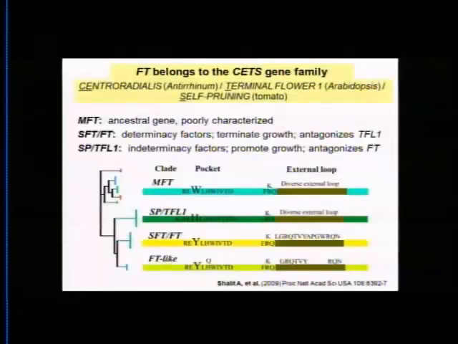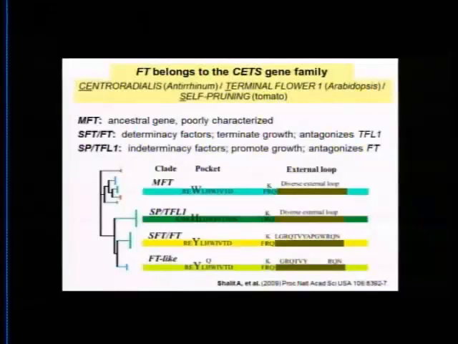Okay, this SETS refers to the genes in different plants that they were first characterized. Okay, so centroradialis in Antirrhinum, terminal flower in Arabidopsis, and self-pruning in tomato. These are all parts of the same gene family.